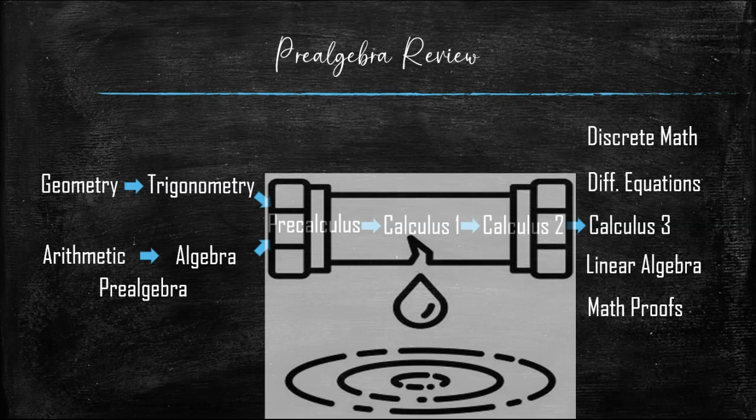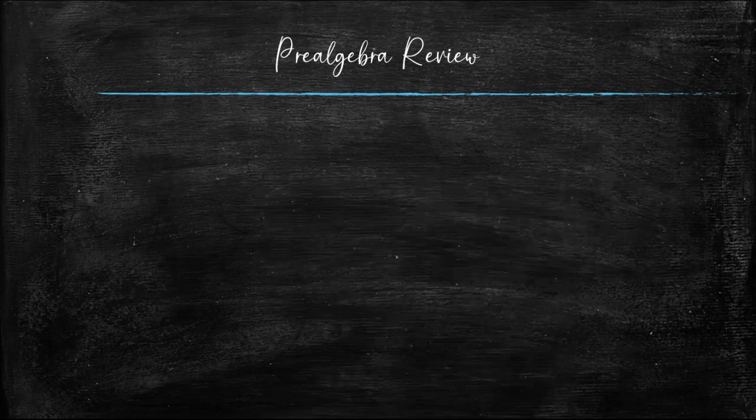So pre-algebra begins and arithmetic ends with the introduction of a concept of a variable along with the idea that we can replace numbers with letters. So not all letters are variables.